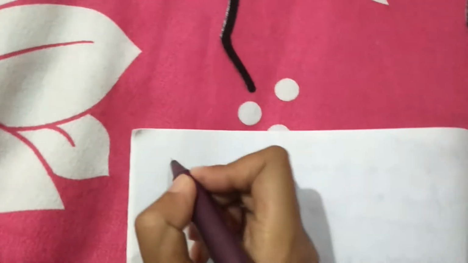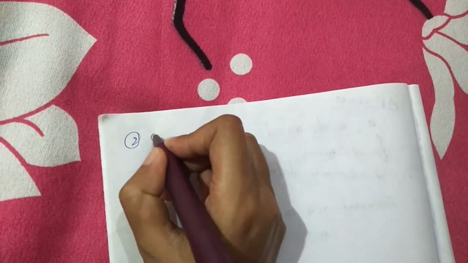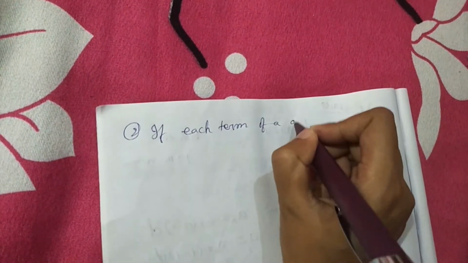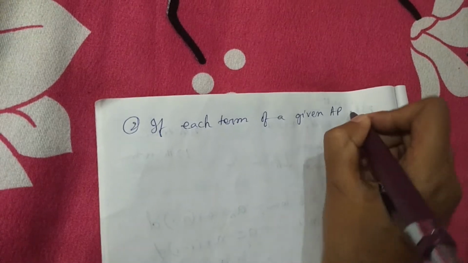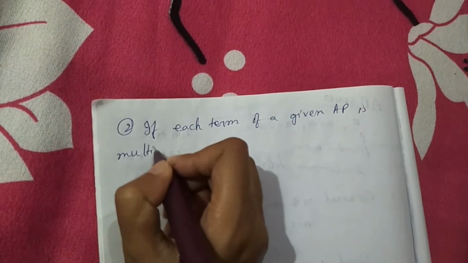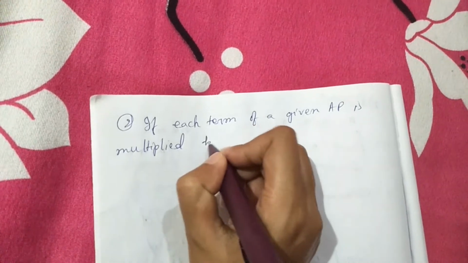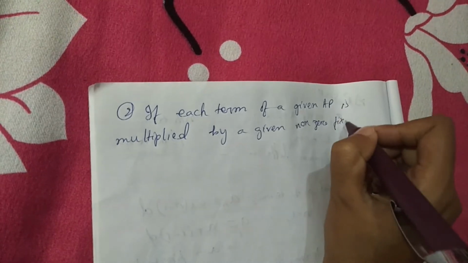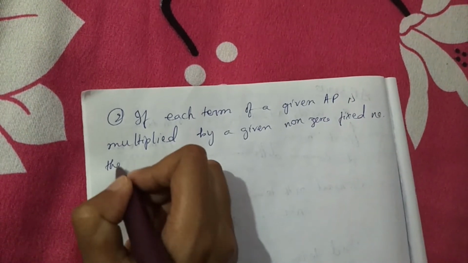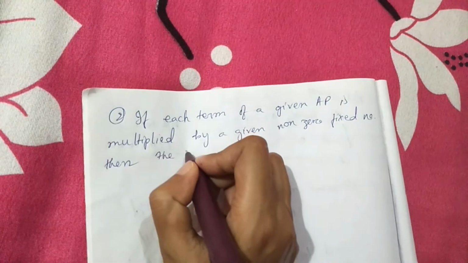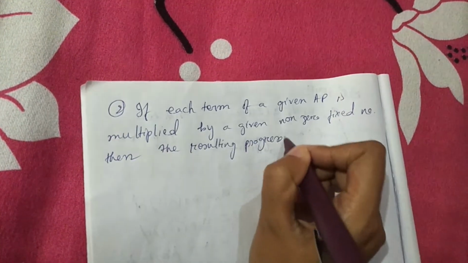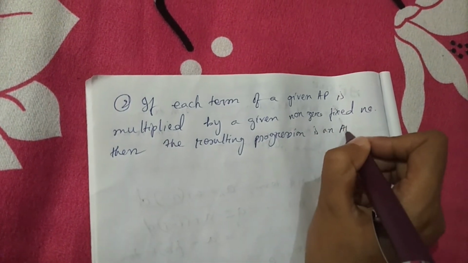Similarly, the second property: if each term of a given AP is multiplied by a given non-zero fixed number, then the resulting progression is an AP.